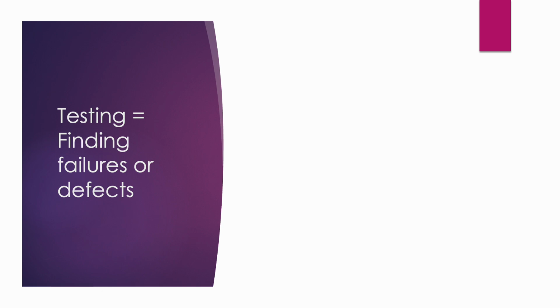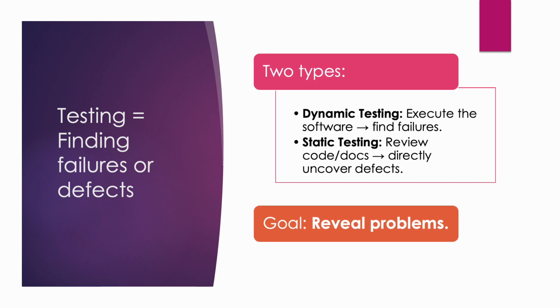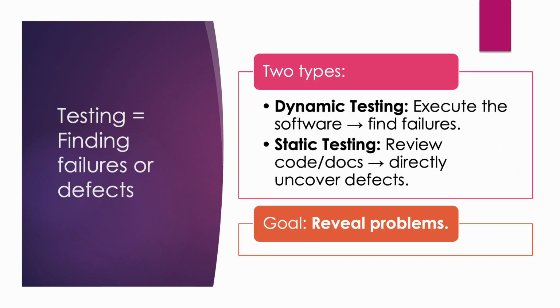Testing is all about finding failures or defects in the product. And according to ISTQB, testing happens in two main ways. First, dynamic testing. This is where you execute the software. You run the app, try different inputs, observe the behavior, and if something goes wrong, boom, that's a failure.